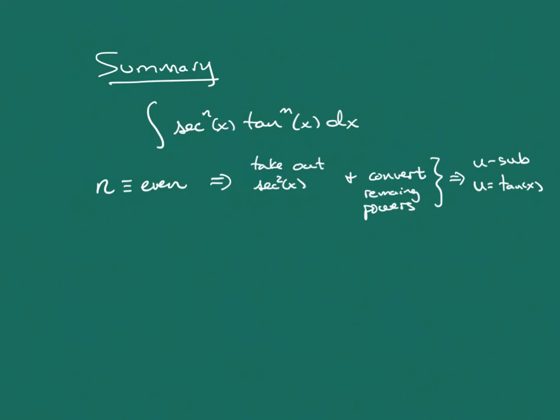If m happened to be odd, then what could we do?